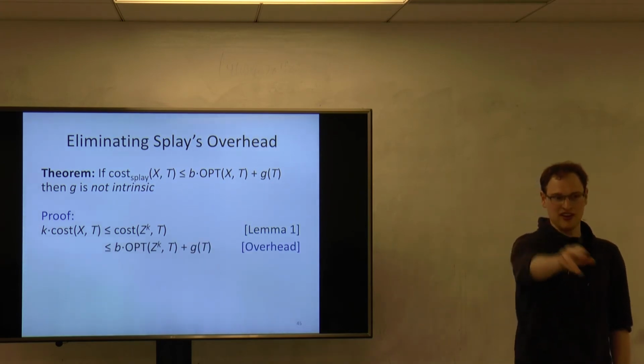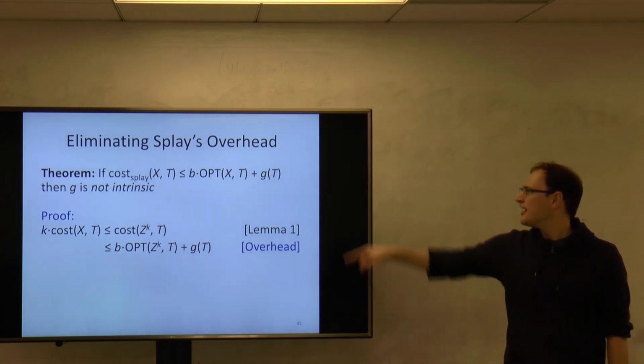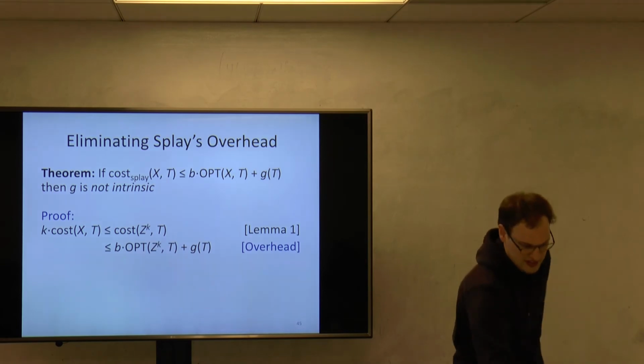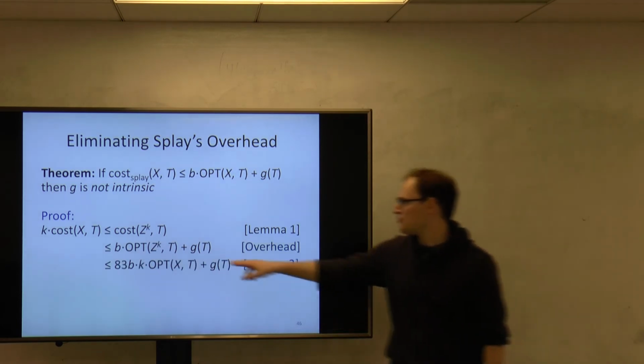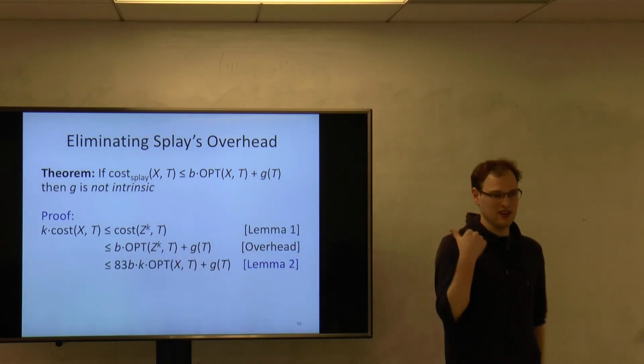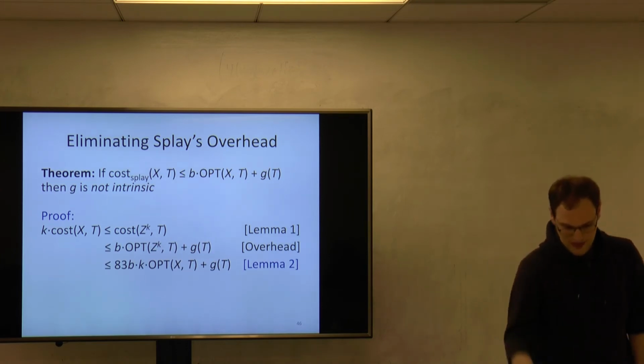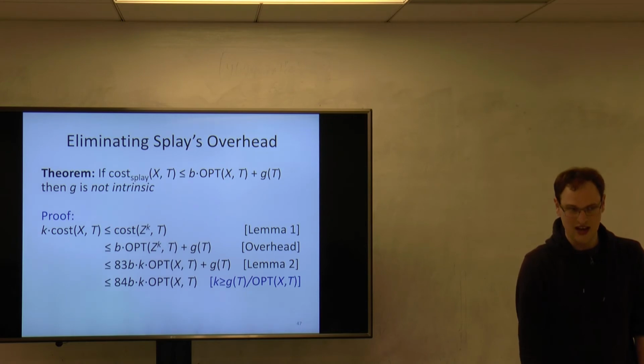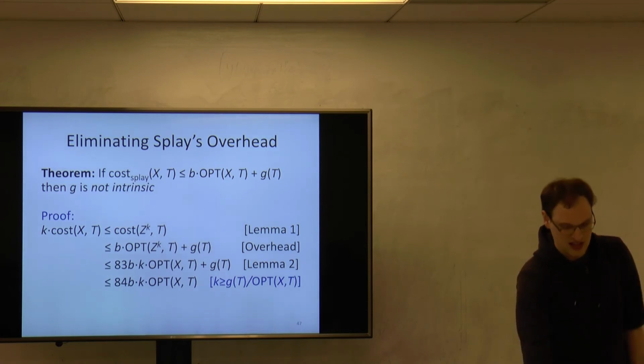And this is just plugging into the definition of the overhead. And this is independent of k. That's the critical point. This is the second point, upper bounding opt on the repetitions. And then we just set k large enough to absorb the g of t into the constant factor.